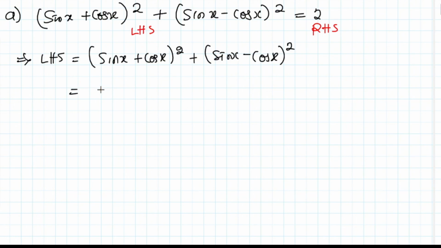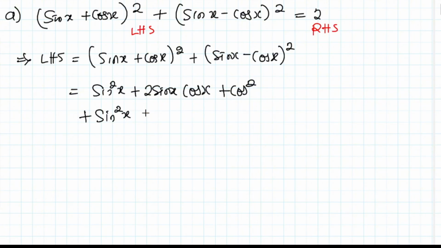That will be equal to sin squared x plus 2 sin x cos x plus cos squared x, if we apply simple expansion, plus sin squared x minus 2 sin x cos x plus cos squared x.